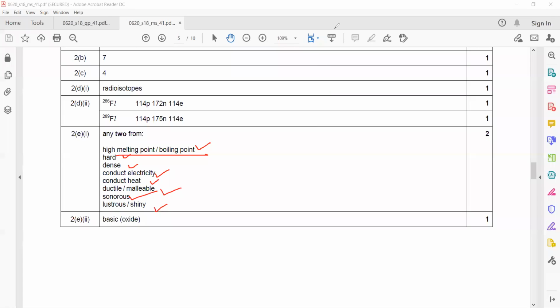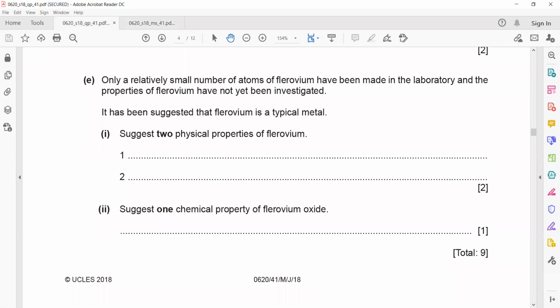You can mention these points. Not about the structure, you cannot mention that. Ionic structure does not refer to a physical property. And typical metals have a lattice of positive ions and delocalized electrons.